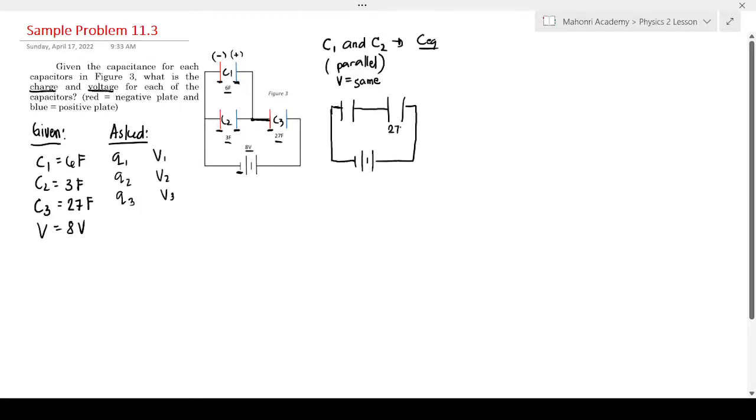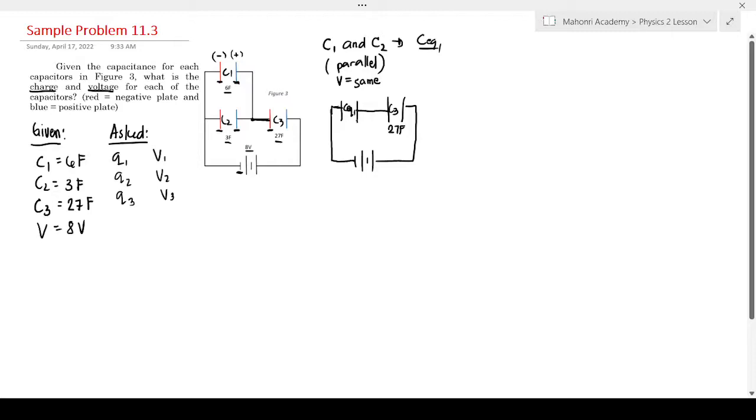Wherein this is our 27 farad, this is our C3, and this is our CEQ1. So let's write that as our CEQ1.